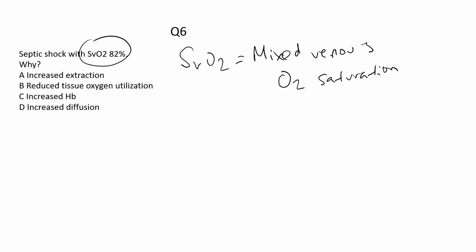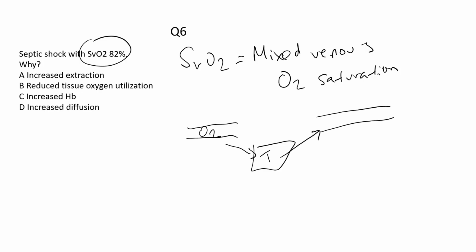Okay, so let's assume that you have your blood vessels here, and they have some O2, right? And then they're going to tissues over here. So these are the tissues, and then this deoxygenated blood is going back to the right side of the heart.